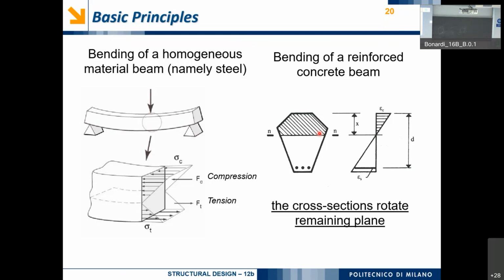In fact, what we can see is that we have our cross-section. This cross-section is the one of a generic beam that is undergoing bending. Positive bending, what does it mean? We have tension at the bottom and we have compression at the top. What is this line? Here we have these two lines.